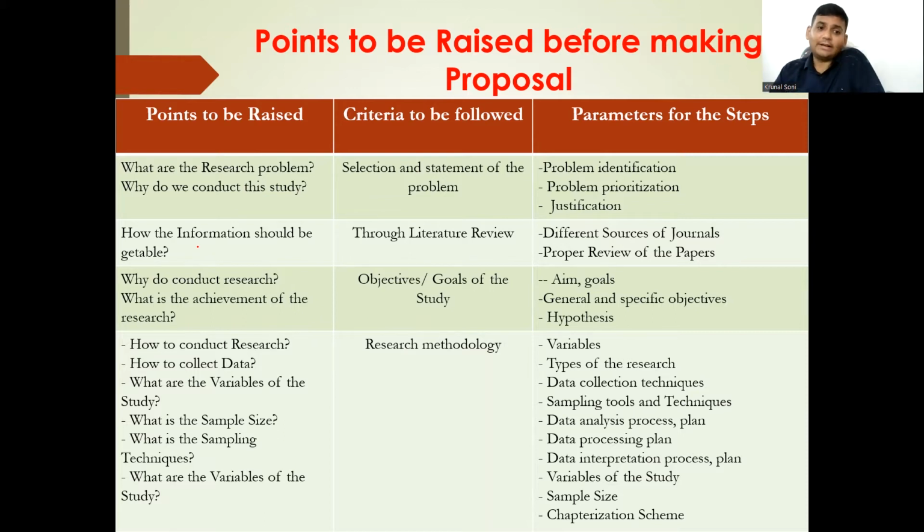Clear? Then the second part is how the information will be gathered, from which sources you are going to get the information, or from which sources you are going to cover the sample size that you are going to study. So how is the information going to be obtained? You need to go through the previous research: how previous researchers have collected the data for this particular topic.